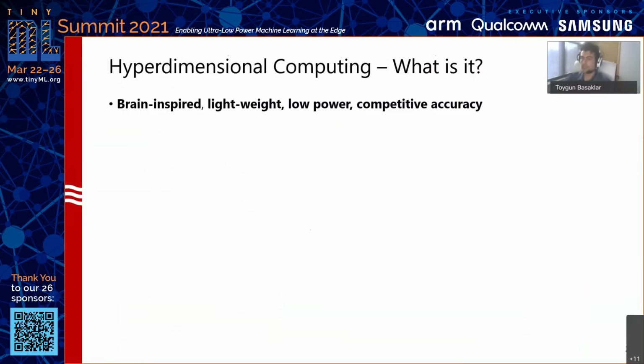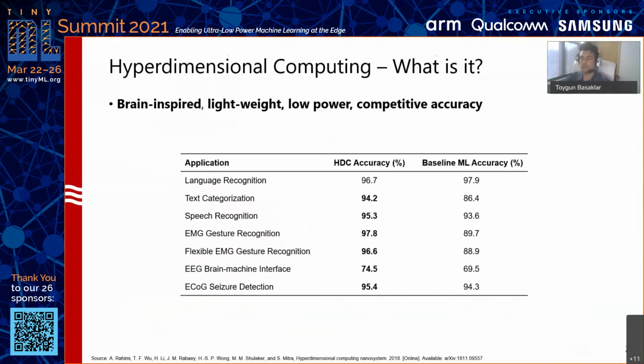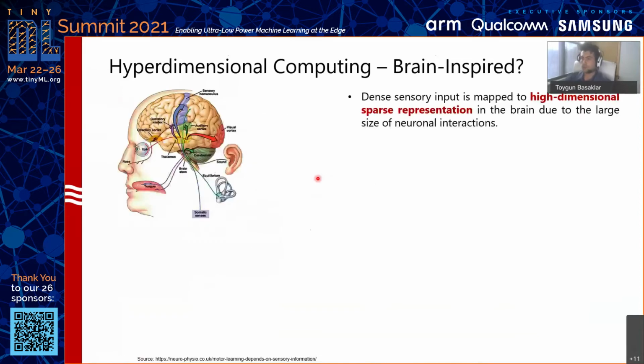It is an emerging lightweight computing paradigm that draws inspiration from the brain, and it achieves competitive accuracy with state-of-the-art machine learning for various applications, and it also achieves lower computational power.